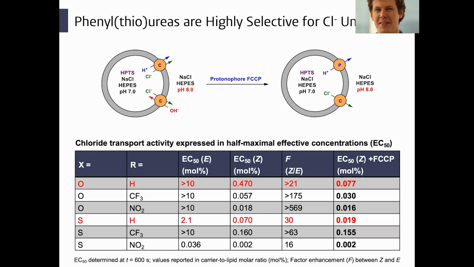If the protonophore leads to enhanced transport, that means that your main mechanism is a uniport process. And in our case, we found this for the non-substituted urea and thiourea compounds. We see a big increase in activity once a protonophore is added, meaning that it follows a uniport process.